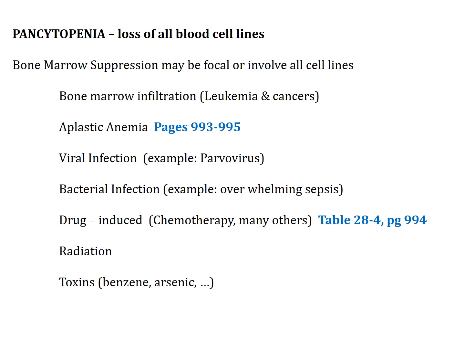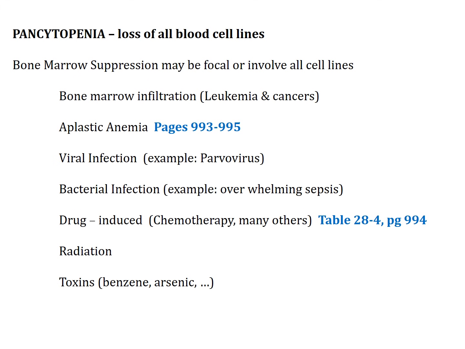Anemia, lack of red blood cells. Thrombocytopenia, lack of platelets. Pancytopenia, loss of all blood cell lines. Where have you heard that prefix pan in this course? Think back a couple units.